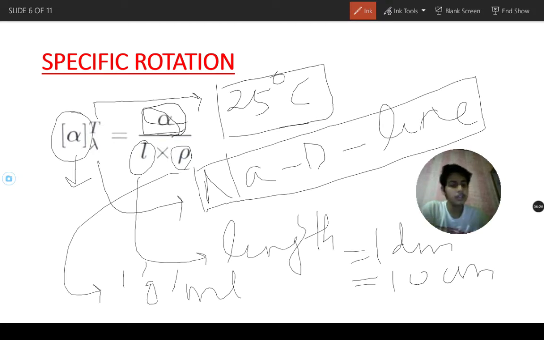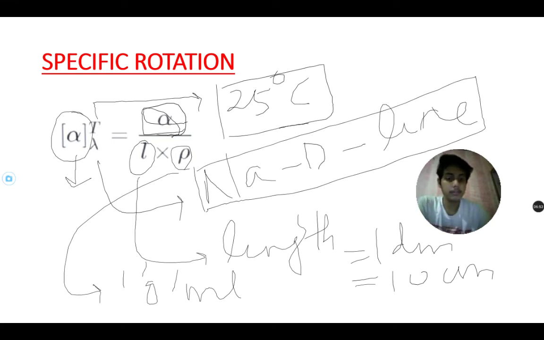No more, you just need to know that much, because this is not very important for JEE and NEET. Just learn, because plane polarized light is turned left or right by chiral compounds. So this is all about rotation. This is a specific rotation at this concentration and this temperature. Nothing more about that.